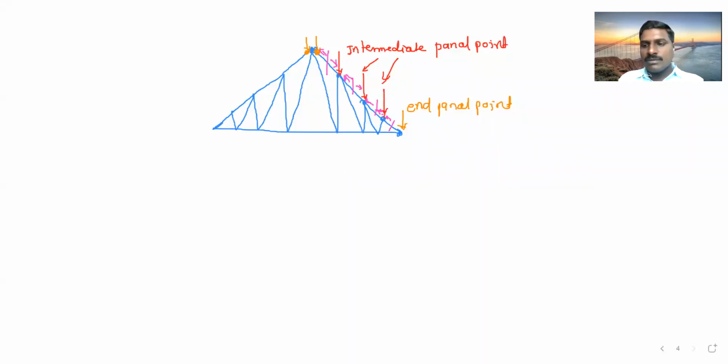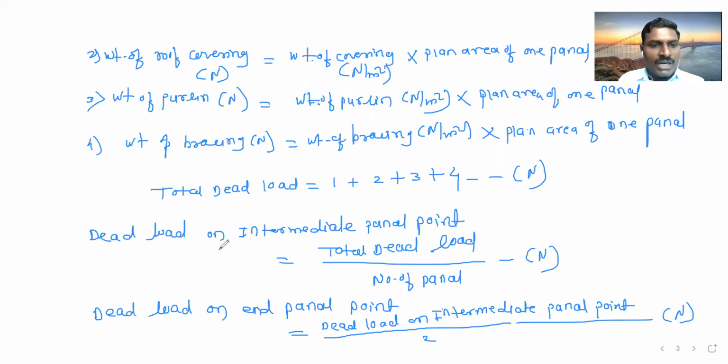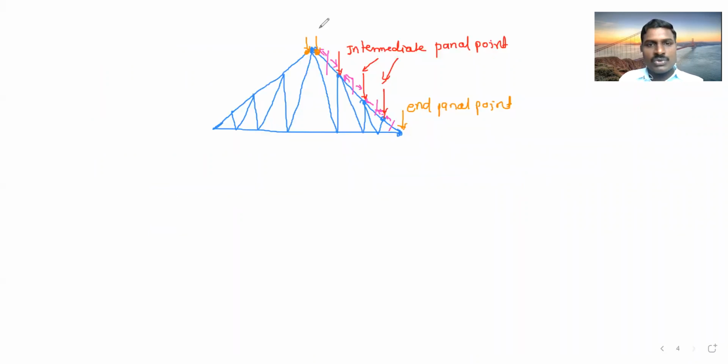Now if you see this formula: dead load on intermediate panel point is equal to total dead load divided by number of panels. So the total dead load that we calculated is 1 + 2 + 3 + 4.